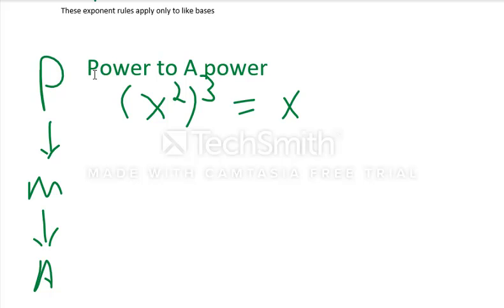So that's the same as writing x to the 2 times 3 power. 2 times 3 is 6, so that is the same as x to the 6th power. All right, so power to a power, multiply the exponents.